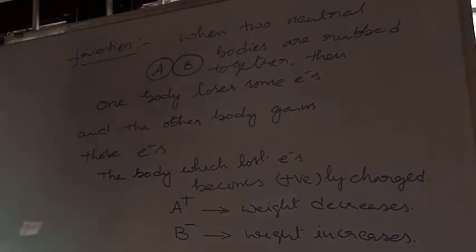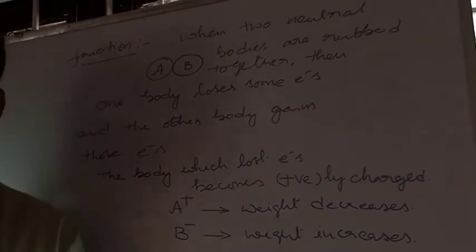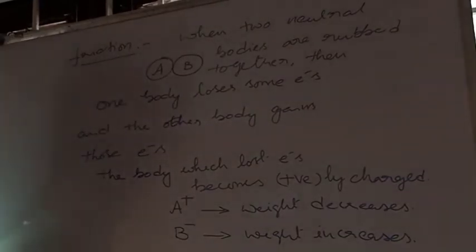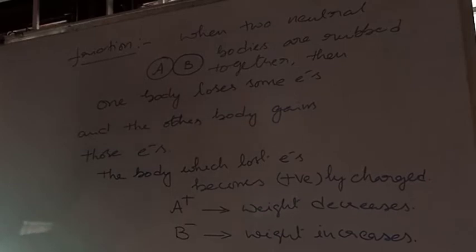The body which lost electrons becomes positively charged, and its weight also decreases because it is losing electrons. The second body, B, will gain negative charge, so it becomes B minus, and its weight increases. So this is the process of friction.